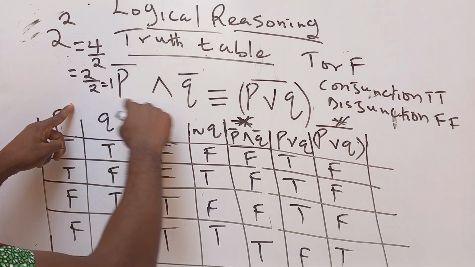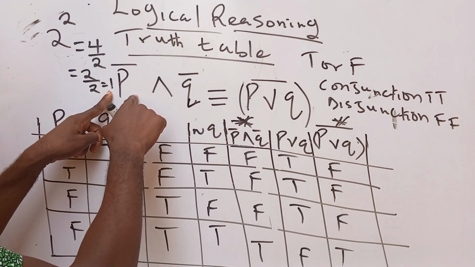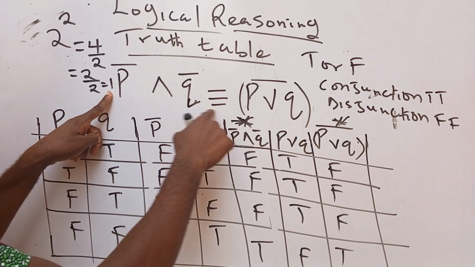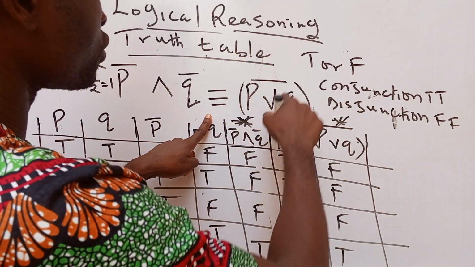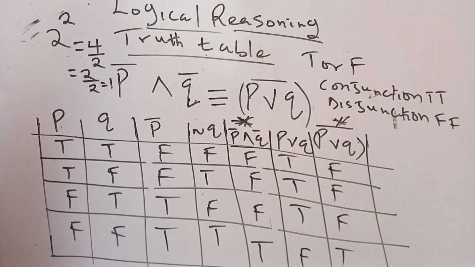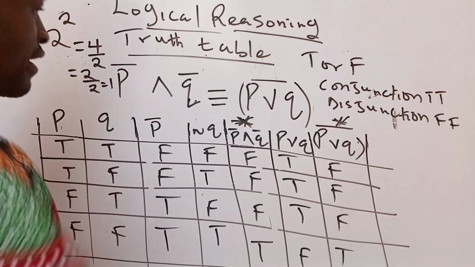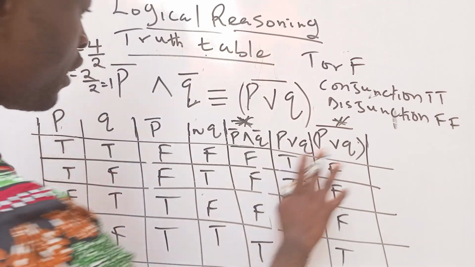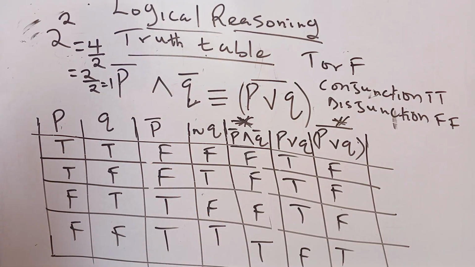Which is what you were asked in the question, to prove that negation P conjunction negation Q is equivalent to the negation of P disjunction Q. That negation covers everything. So this is what you have, and we have been able to prepare the truth table.